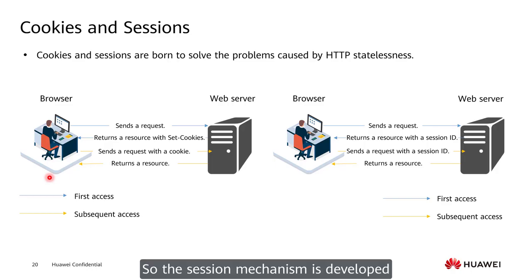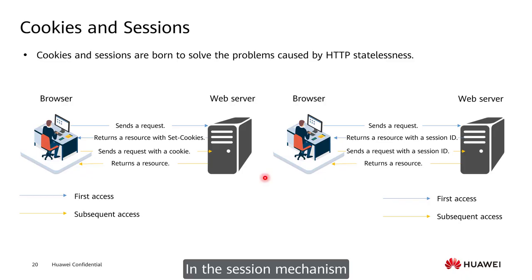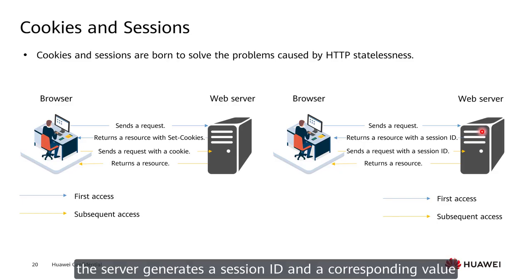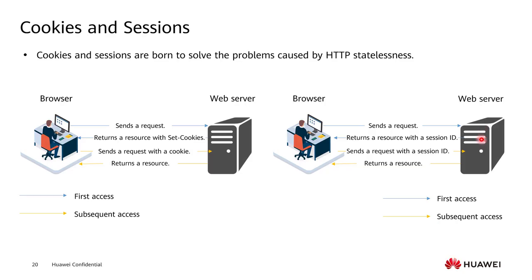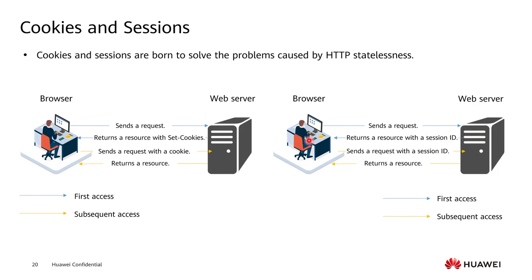So the session mechanism was developed. In the session mechanism, after receiving a request from the client, the server generates a session ID and a corresponding value. The value is stored on the server, and the session ID is returned to the client.